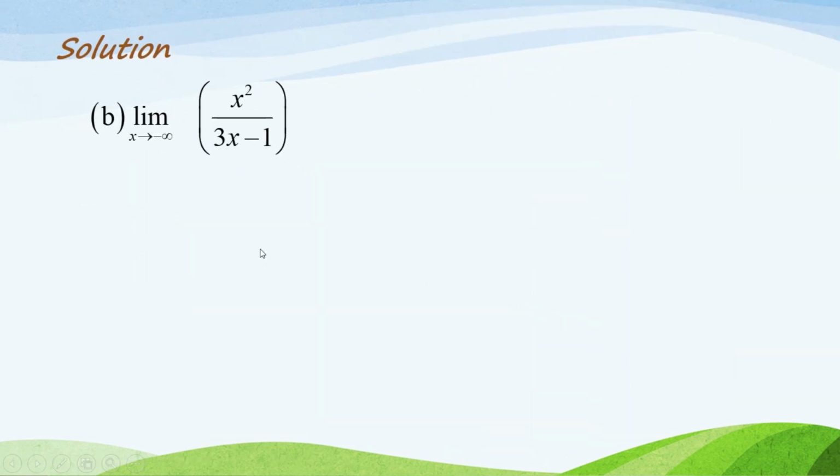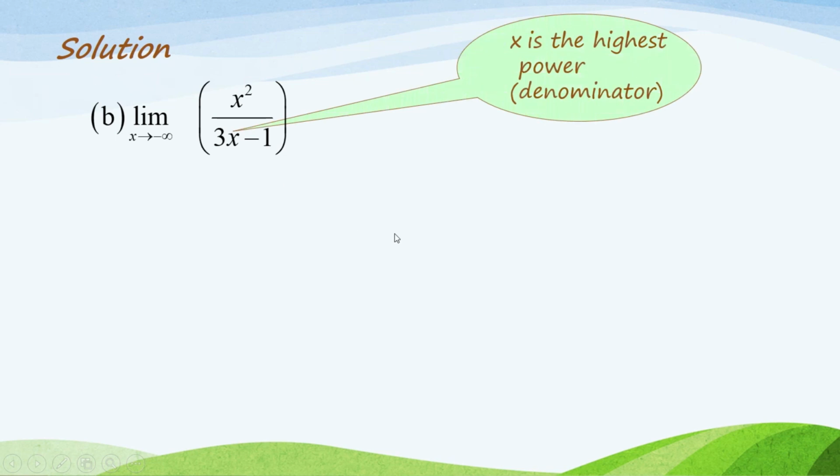Okay, for B, the limit as x approaches negative infinity of x squared over 3x minus 1. Let's see the denominator for this function. The denominator is 3x minus 1, and we know x is the highest power of the denominator.